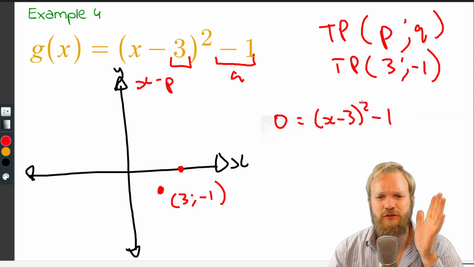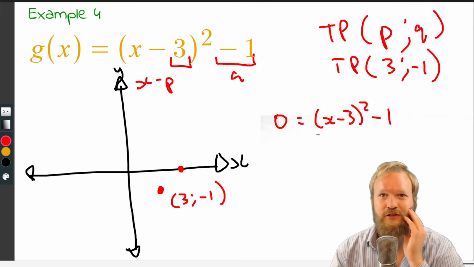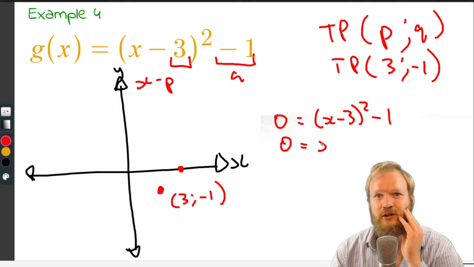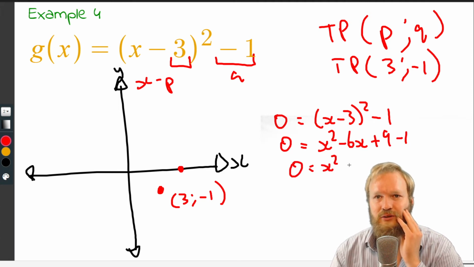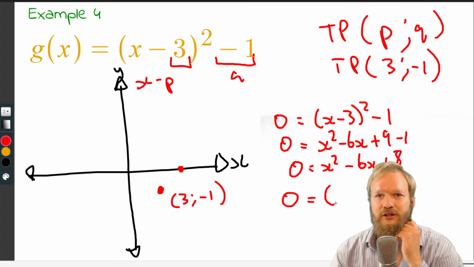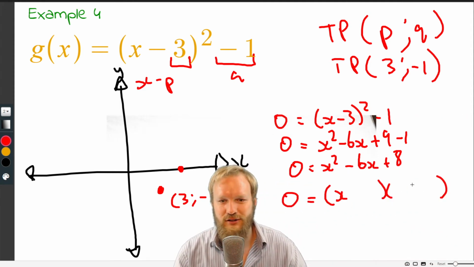Definitely a foolproof way of doing it if your algebra is feeling strong. You're like, 0 equals x squared minus 6x plus 9 minus 1 still. 0 equals x squared minus 6x plus 8. That I can factorize.